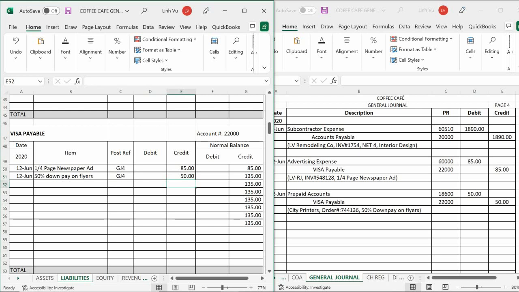So now that we charged $50 to our credit card, we are now at a credit balance of $135.